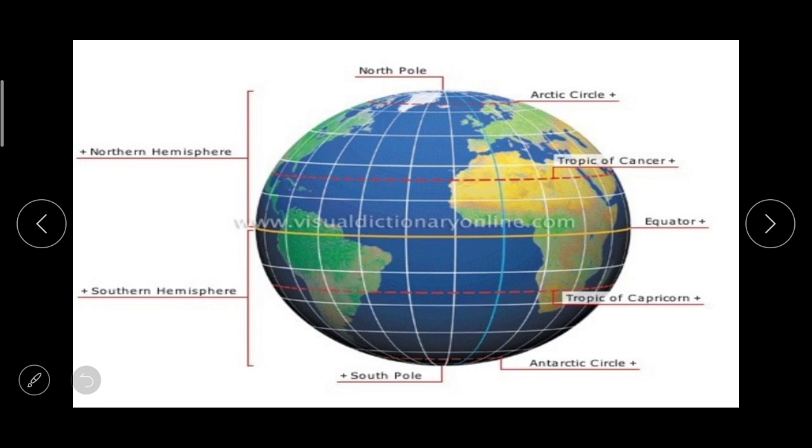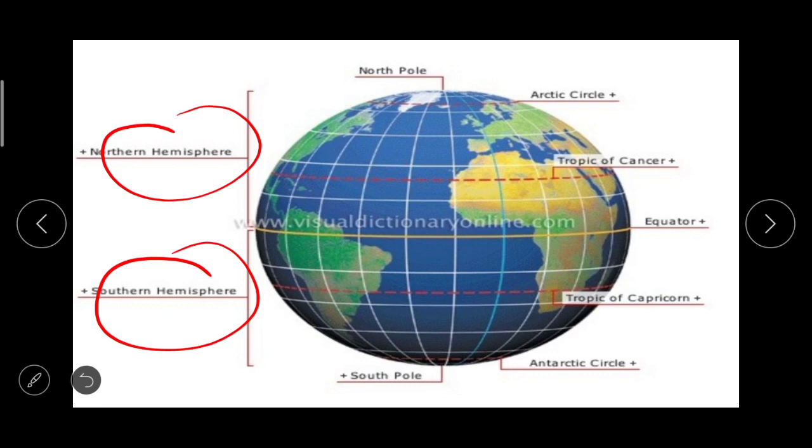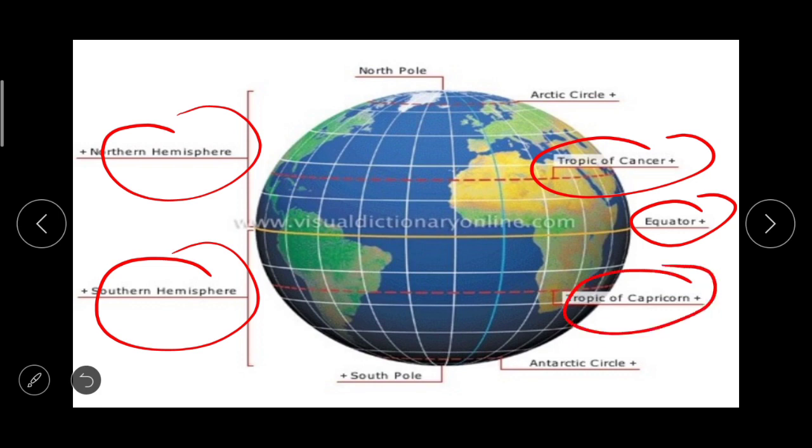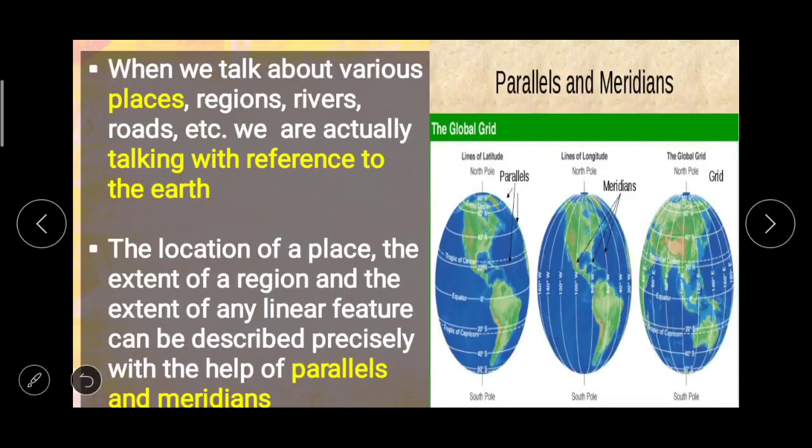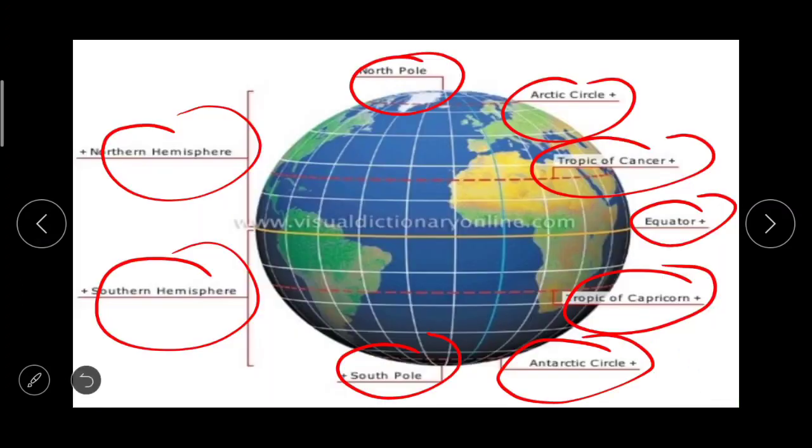Here you can see southern hemisphere, northern hemisphere, Tropic of Cancer, equator, Tropic of Capricorn, Antarctic Circle, Arctic Circle, South Pole and North Pole. Now for this question, which oceans are spread in all the four hemispheres, that is Atlantic and Pacific Ocean.